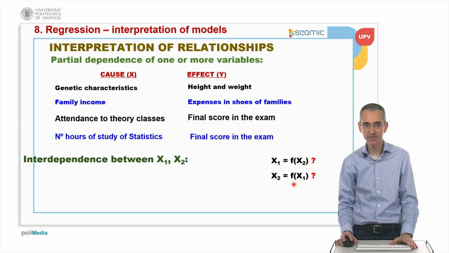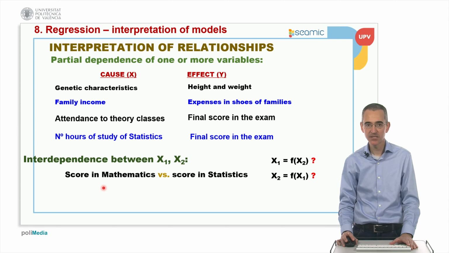It is called interdependence. For example, imagine that there's a positive correlation between the score that a student gets in mathematics versus the score that the student gets in statistics. But is this first score a function of the second, or is the second a function of the first one?